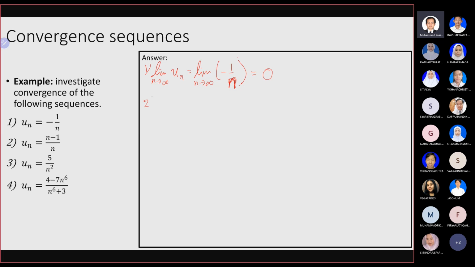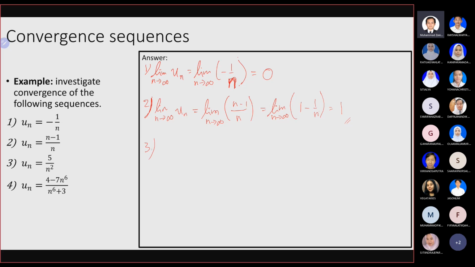For the next one, we again compute the limit. Limit as n goes to infinity of un, which is equal to the limit of n minus 1 over n, which is equal to the limit of 1 minus 1 over n, which is equal to 1.